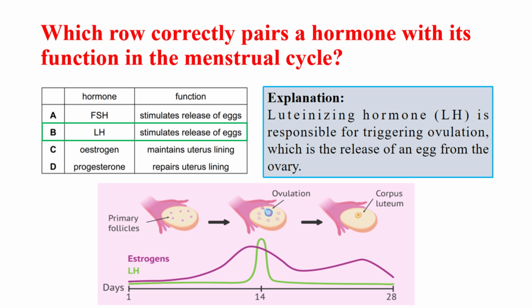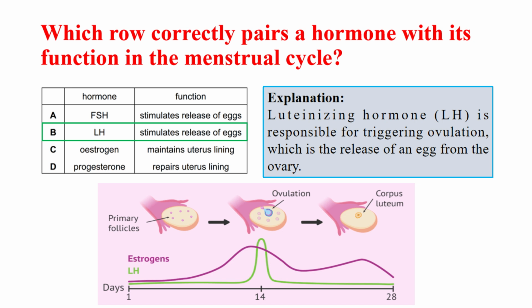Let's break it down. Luteinizing hormone, or LH, plays a crucial role in the menstrual cycle by triggering ovulation, which is the release of an egg from the ovary. This is a key step for potential fertilization. Now, let's look at the other options. FSH, or follicle-stimulating hormone, is involved in the development of ovarian follicles, but it's LH that actually releases the egg.